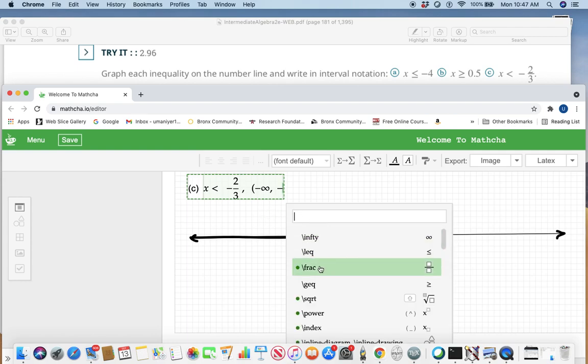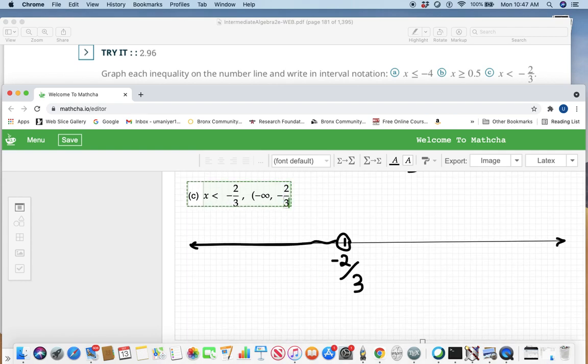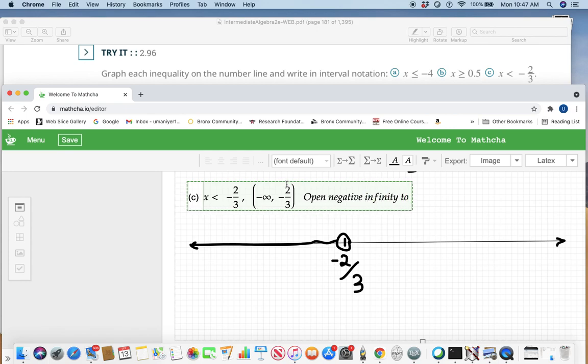And the rightmost point is negative 2/3, but it is not included, it is open, so it's a parenthesis. So the way you read it is open negative infinity to open negative 2/3.